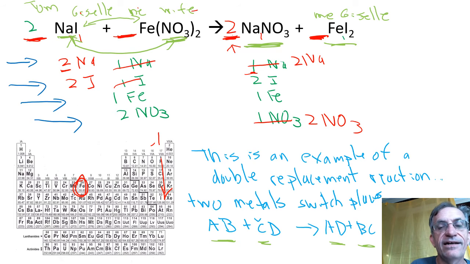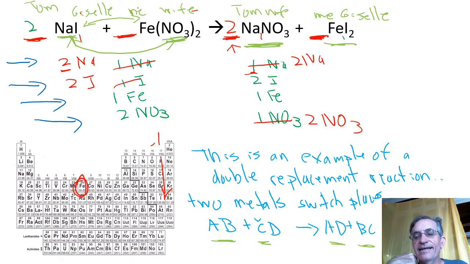Now Tom is with my wife, and I'm hanging out with Giselle. I like the sound of this way better than the last one where I was all alone. If you have this double switch going on, basically two families form two different families. That is called a double replacement reaction.